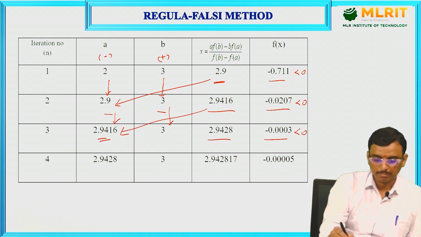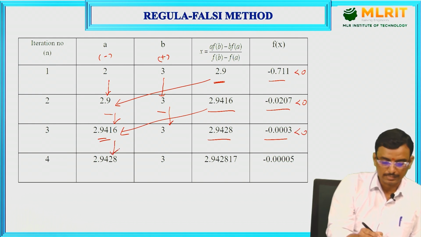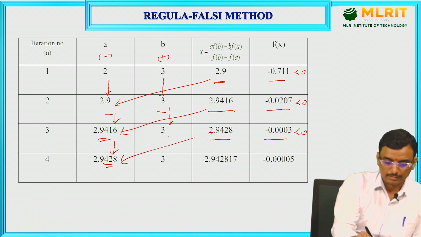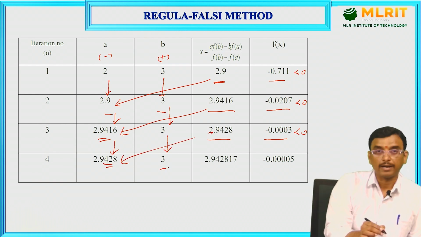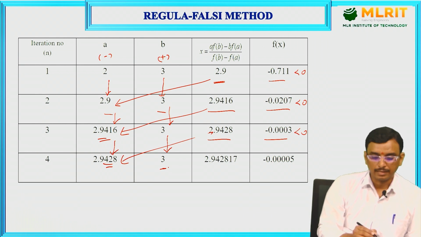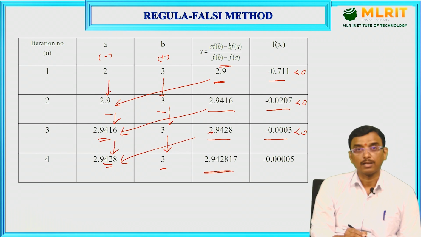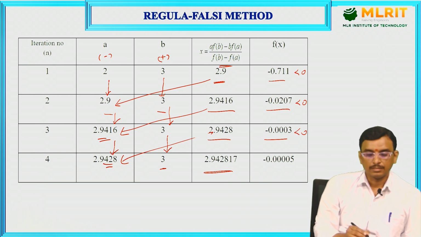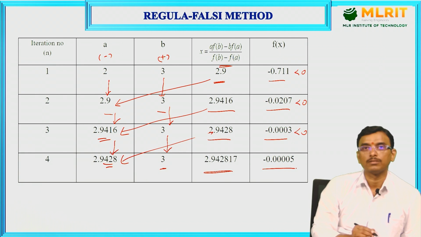So again we replace the negative side value with this one, and the other remains the same; we are not changing it. So we are finding f(a) and f(b) and substituting in this equation, so we'll get 2.942817. Its functional value is −0.0005.